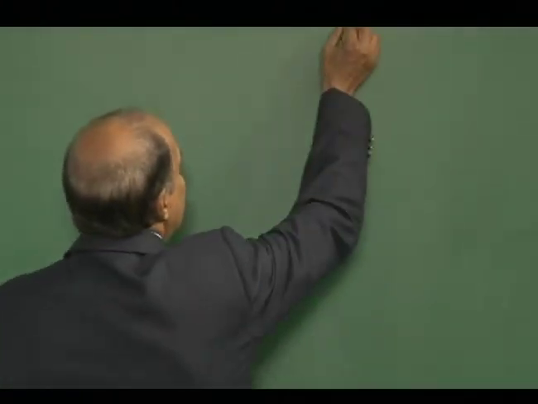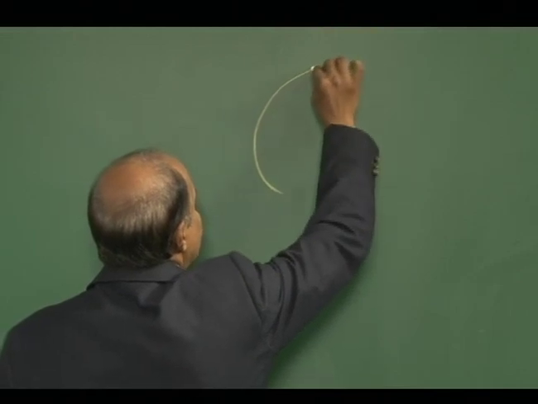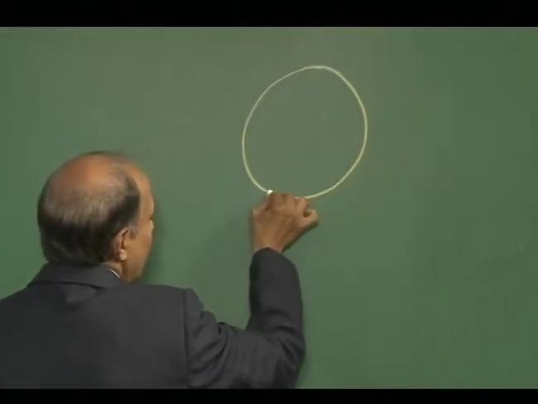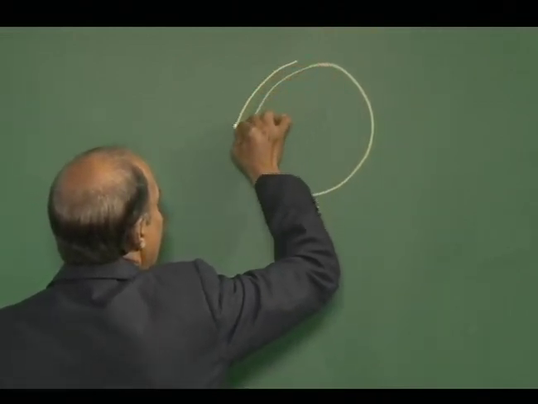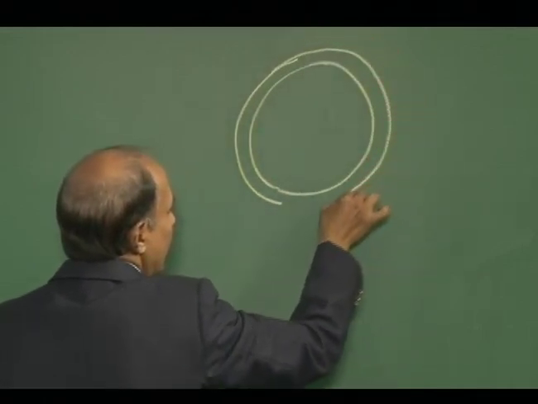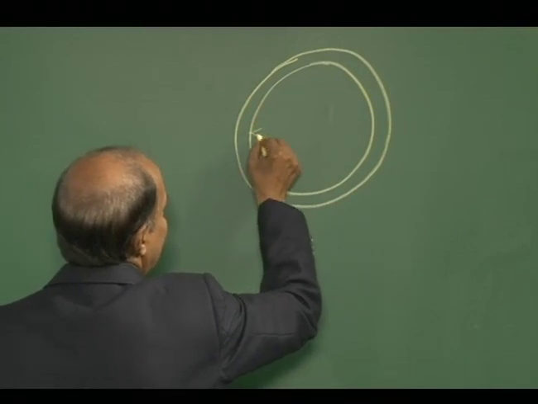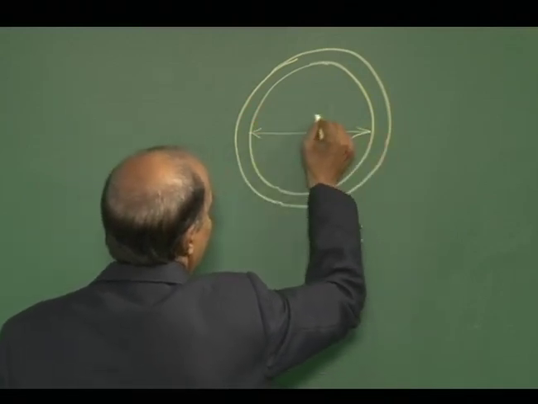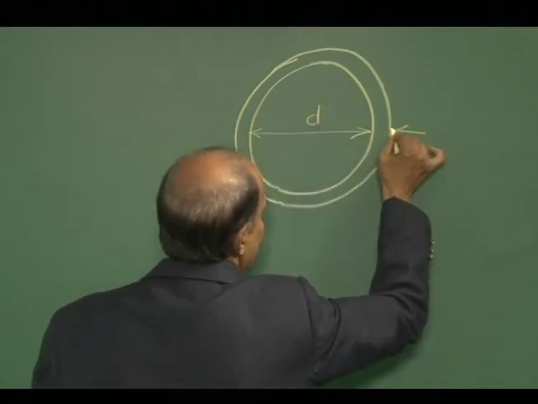If you look at the picture over here, we are taking a thin cylinder, that is the cross section of the thin cylinder, that is the diameter and that is the thickness.